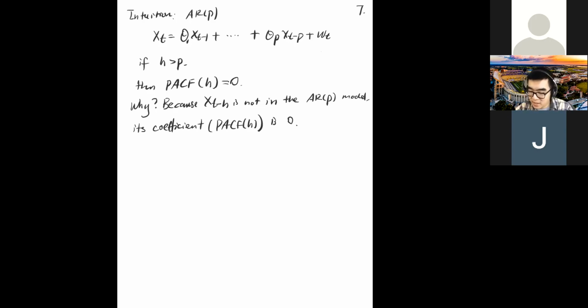So this gives us a practical way to determine the order p by looking at the PACF.